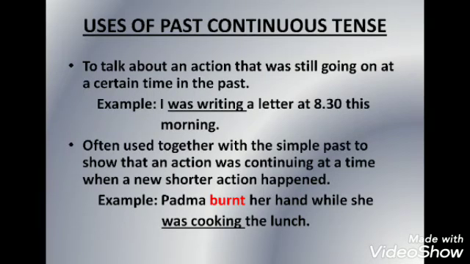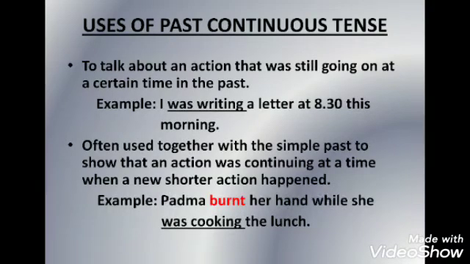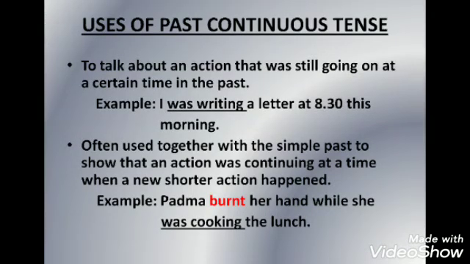In this sentence, the time is mentioned, that is 8:30 this morning, and the action is writing a letter. Therefore, past continuous tense is used to talk about an action that was still going on. That act of writing a letter was going on at 8:30 that morning.